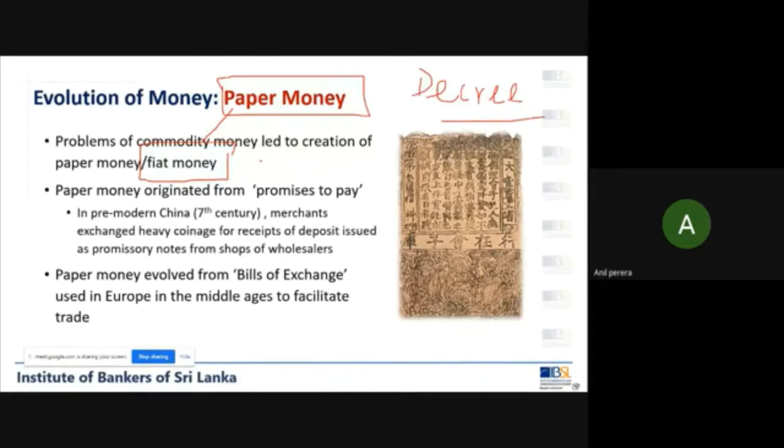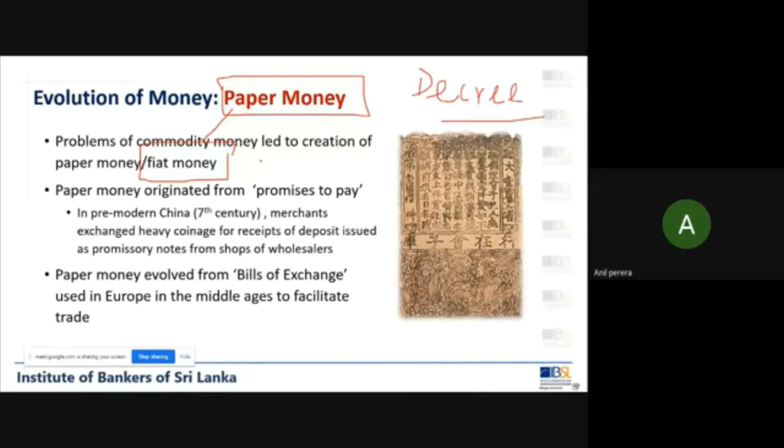So paper money originated from a promise to pay. What do you mean by promise to pay? In early ages, in the pre-modern era, people used commodity money, let's say bulky metal-based coins.